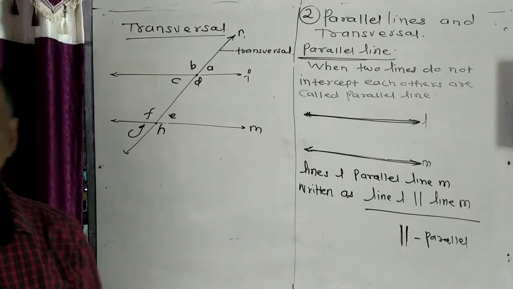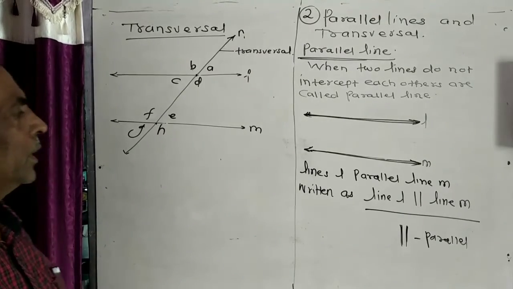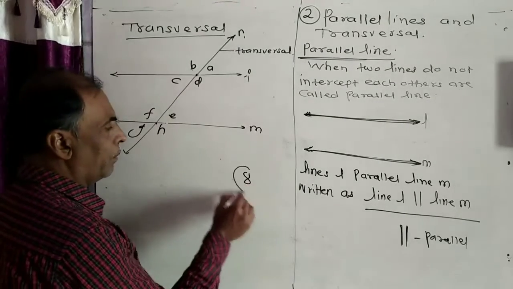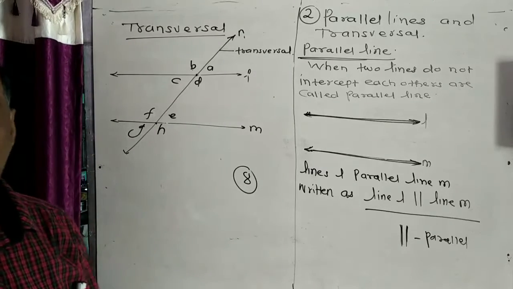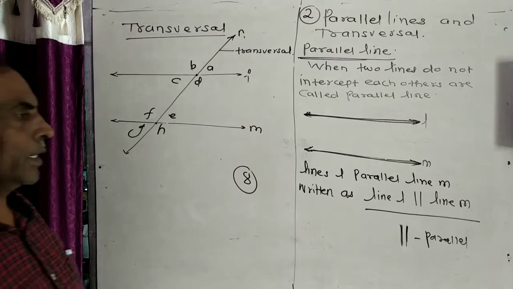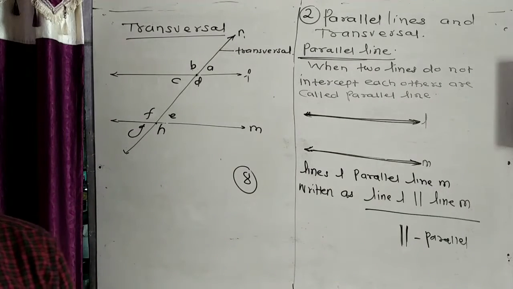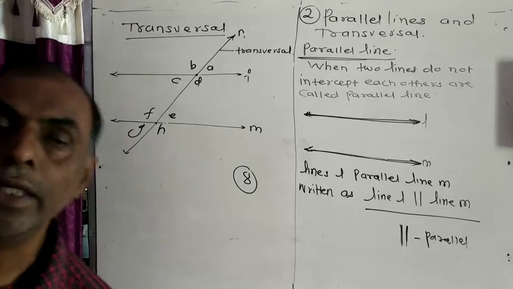So when a transversal intersects two different lines in two distinct points, a total of 8 angles are formed, and in these 8 angles there are 3 pairs of different angles, called corresponding angles, alternate angles and interior angles.